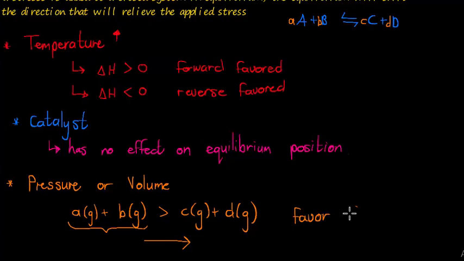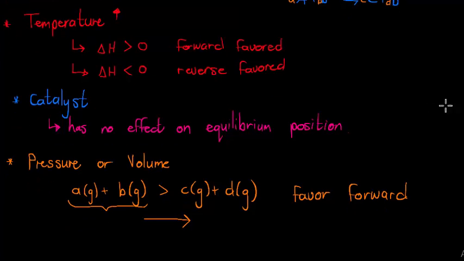Will favor the forward. Now notice how Le Chatelier's principle applies here. We are adding a stress to the system. Okay, and in the system I have more reactants that are gaseous. Now if I increase the pressure, or if I decrease the volume, I am putting a stress more on this side of the reaction, because this is the side that's taking the most space.